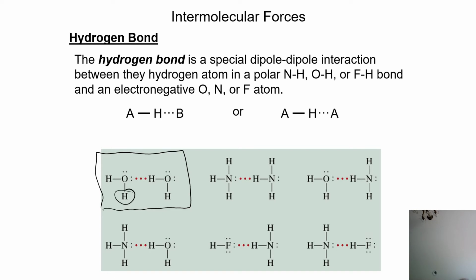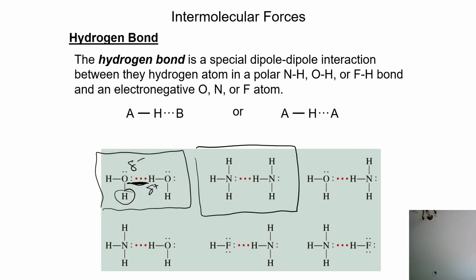And in another molecule, the hydrogen, remember this end is partially positive, this hydrogen will be attracted to the partially negative end here and form the hydrogen bond, or that interaction, with that lone pair of electrons. This also happens in ammonia.